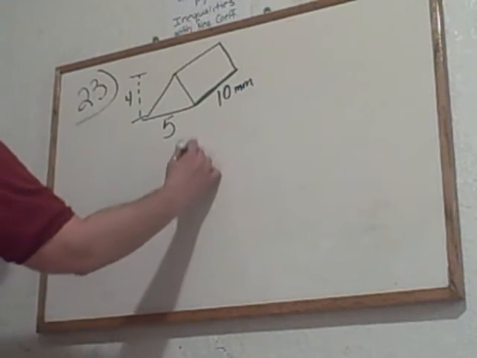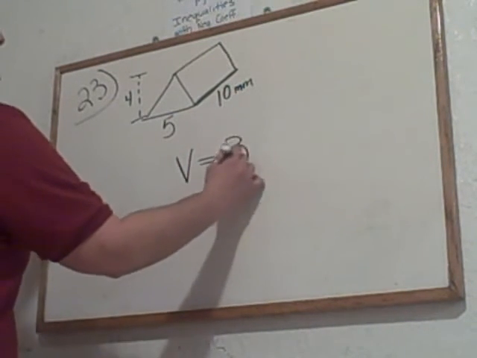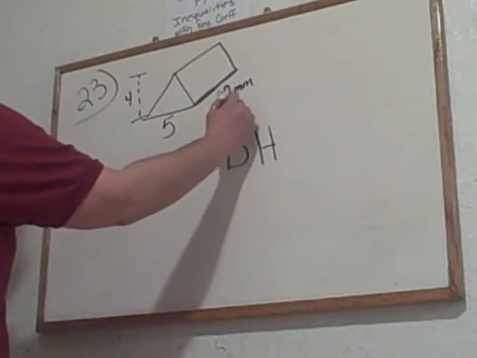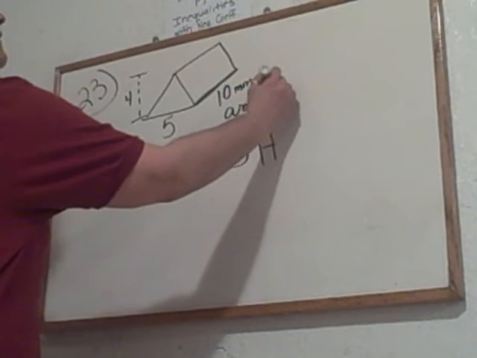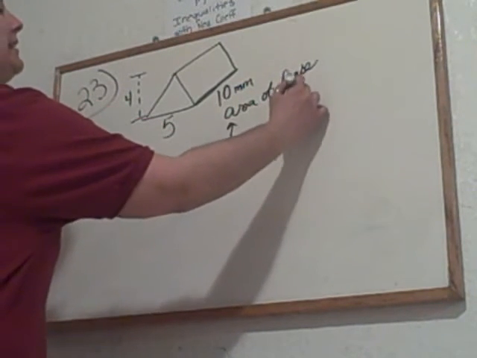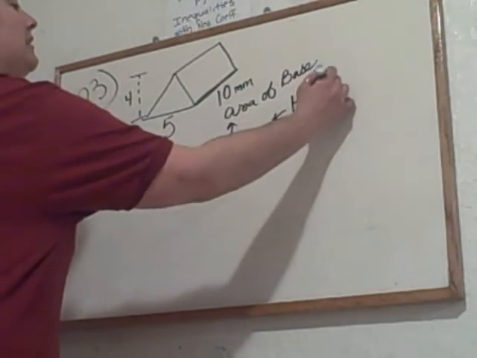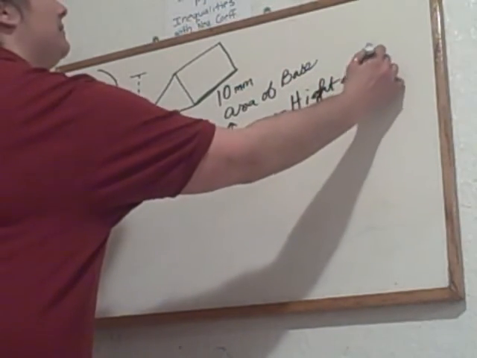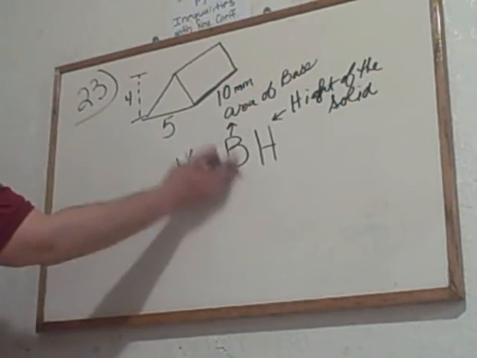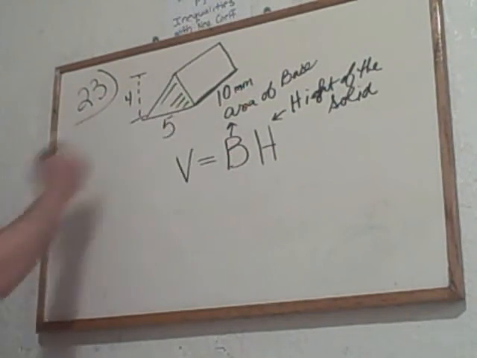Remembering that volume equals big B times H, where big B represents the area of the base, and big H represents the height of the solid. The area of the base this time is a triangle.